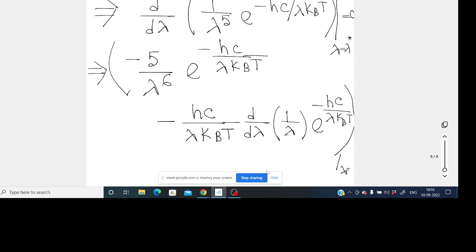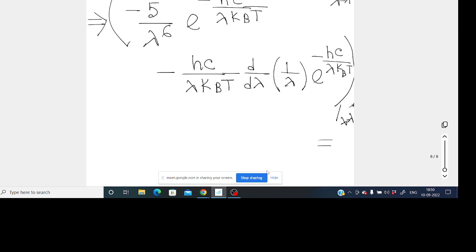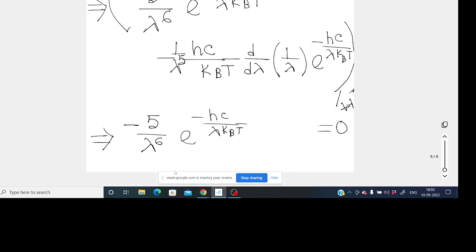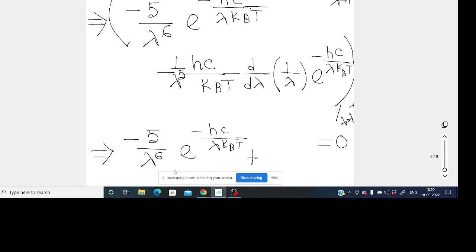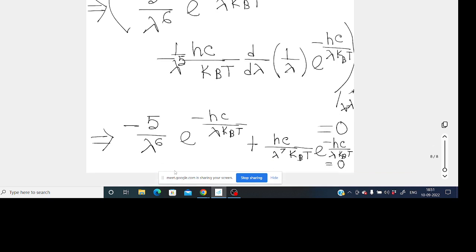The whole thing at lambda equal to some lambda star equal to 0, and there is some 1 by lambda to the power 5. So this is the condition.